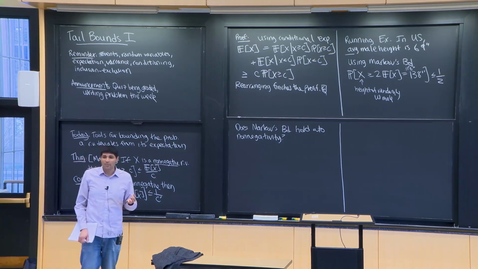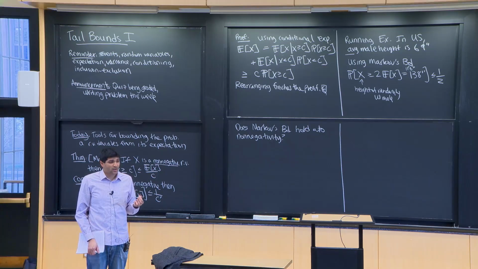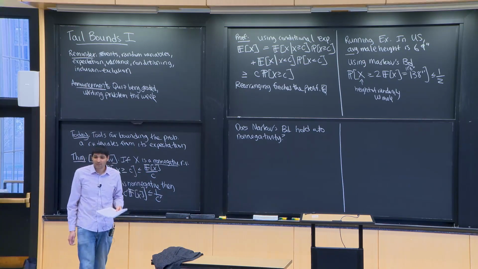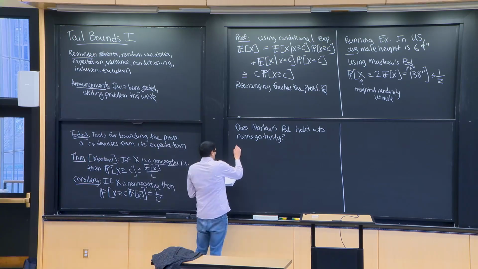So how would I come up with some random variable that has negative values and completely breaks any kind of statement like this, that the expectation gives you a handle on the tails? Anyone have any intuition? Yeah? Maybe you could come up with a random variable which has an expectation of 0. Perfect. I love it. So this is definitely not true.